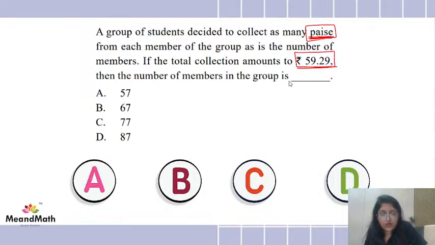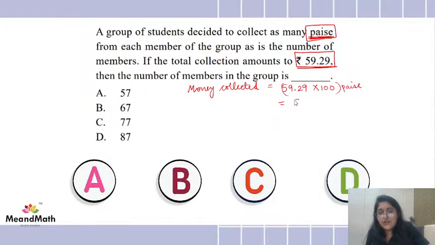Okay, so what will we do over here? We'll write here money collected. Money collected with us is 59.29. It is in rupees. Let's convert it into paise first. Okay. First we will convert this into paise.